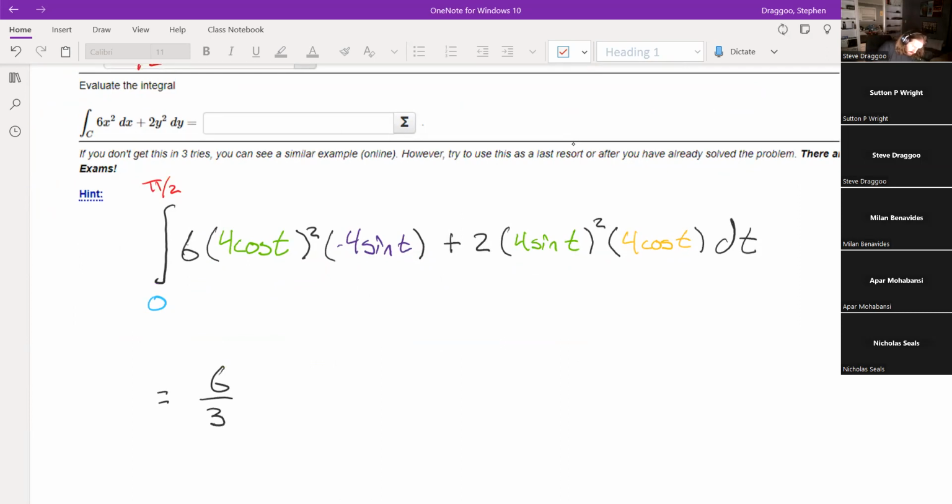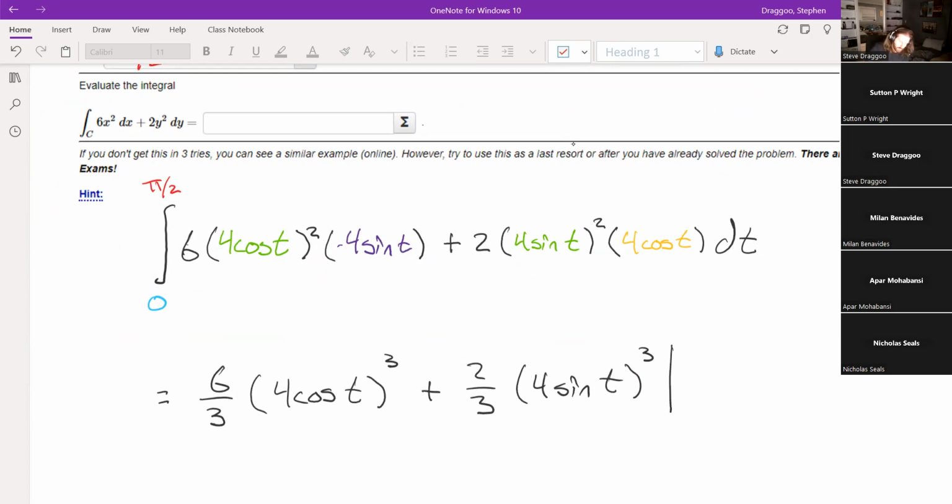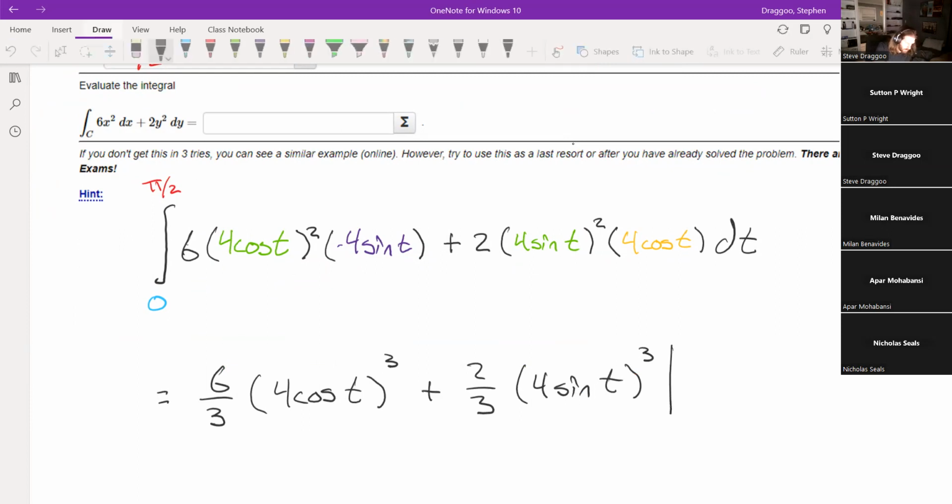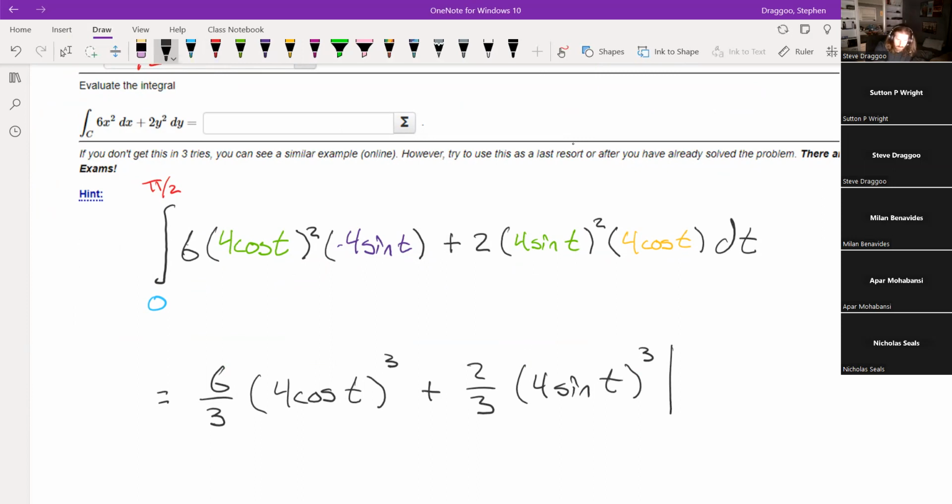So this looks like 6 over 3 times 4 cosine t cubed. Plus, added onto that, 2/3 times 4 sine of t cubed. Might have said 4/3 when I meant 2/3. It is 2/3.